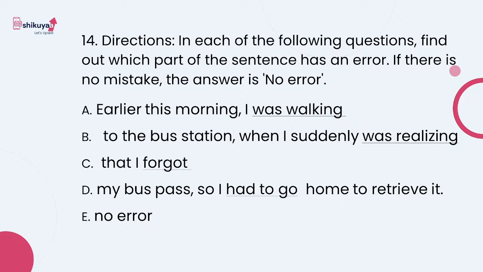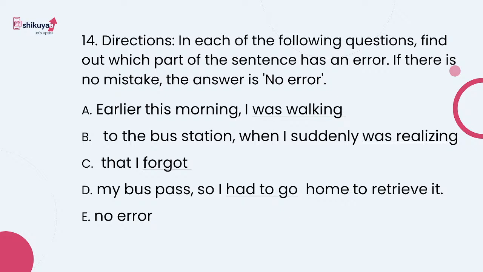Part B, to the bus station when I suddenly was realizing. So here use of suddenly is correct. Okay. Again continuous past is there. But there is a problem with using the verb realizing. Okay, students, because there are such verbs we don't use in continuous, you can say in ing form and in continuous tenses especially.